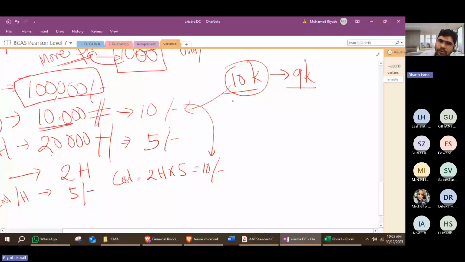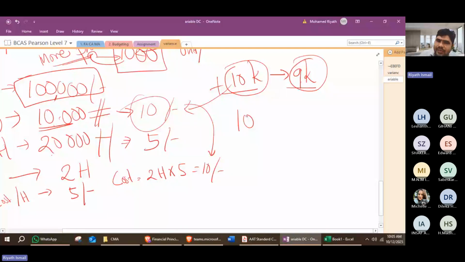When we produce 9,000, we have to distribute this 100,000 over 9,000 units. So it's adverse, even though the value, 10,000 minus 9,000 equals 1,000 into the standard rate of 10 rupees, is positive.